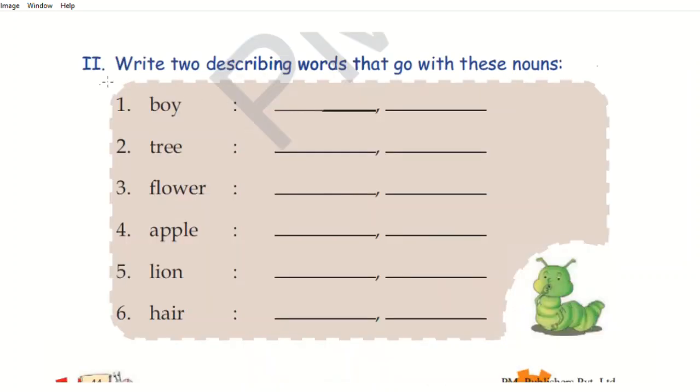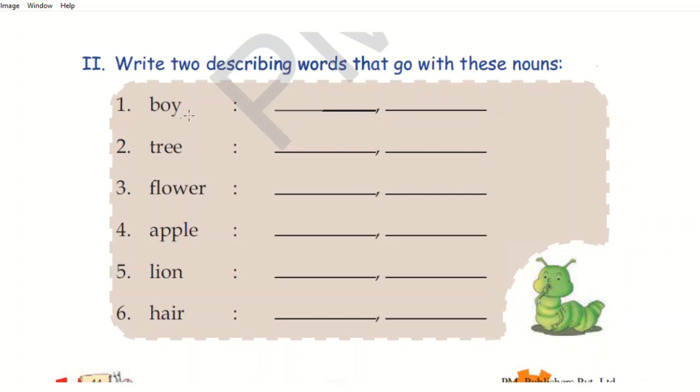Exercise number 2. Write 2 describing words that go with these nouns. Children, I'm sure by now you must have remembered and learned that the naming words are also called nouns. Number 1. Boy.